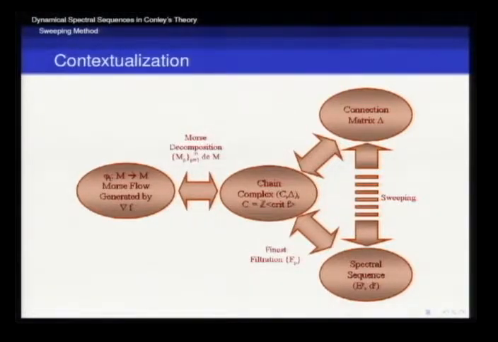And this family of matrices will give me back the spectral sequence. So it's a combinatorial way of retrieving all the information we have from the spectral sequence.